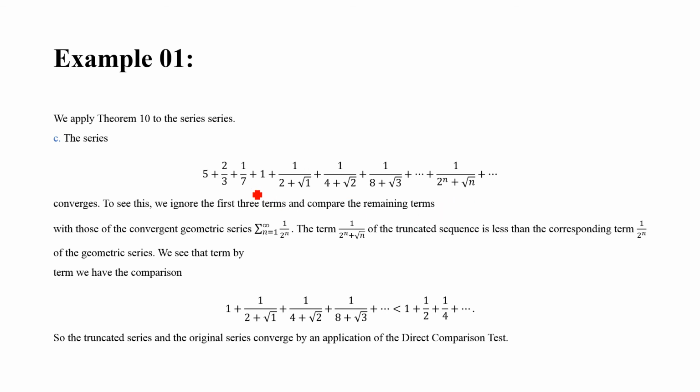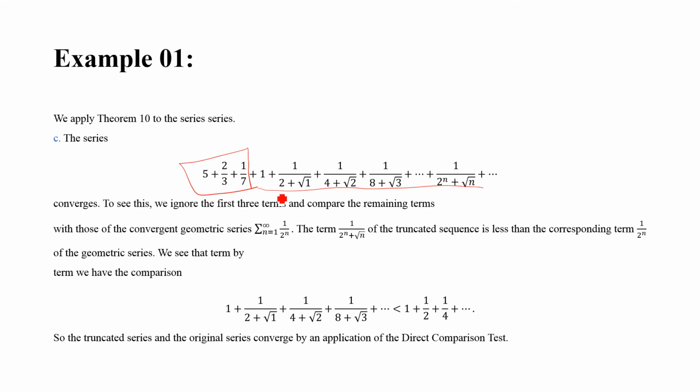So if we ignore the first 3 terms, because they do not go with the pattern of the rest of the terms, and you know that deleting and adding a finite number of terms does not make any difference in the convergence or divergence of the series. So we can add and delete a finite number of terms from the series.